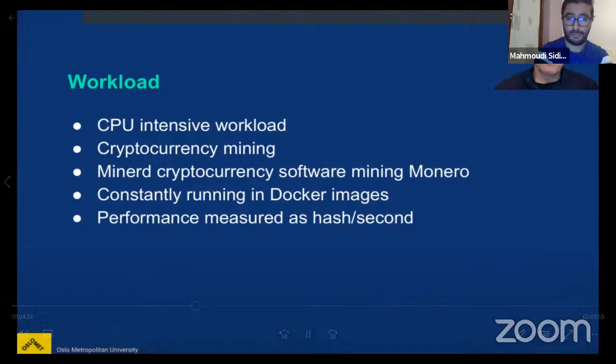The workload we used could be any CPU intensive workload, but we chose to use cryptocurrency mining. We used the MinerD cryptocurrency software and mined Moneros.